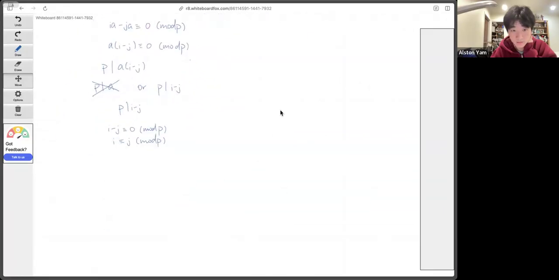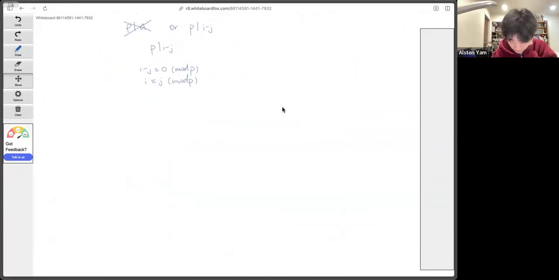Let's go down. We know that exactly one of B1, B2, B3, to BP minus 1 will be equal to 1.